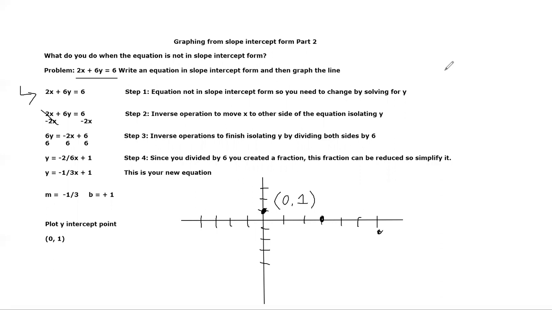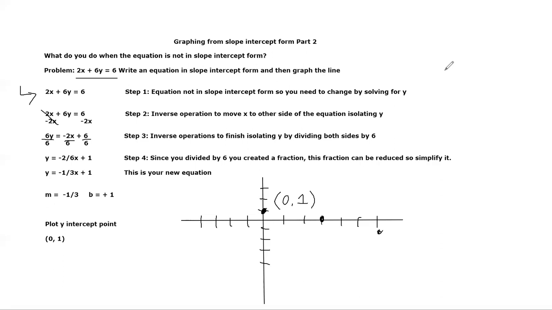When it's attached to it, we are multiplying, which means the opposite is dividing. So we divide by 6, but if we divide the left side by 6, we need to divide the right side by 6, which means we need to divide every single term by 6. Don't get confused: that x is attached to the negative 2.